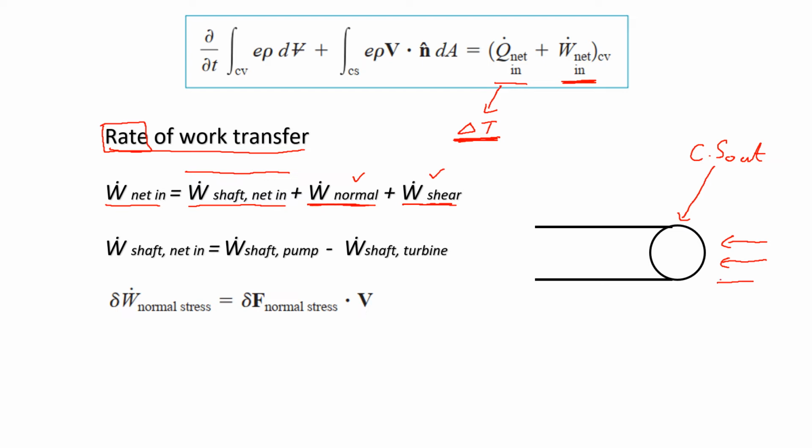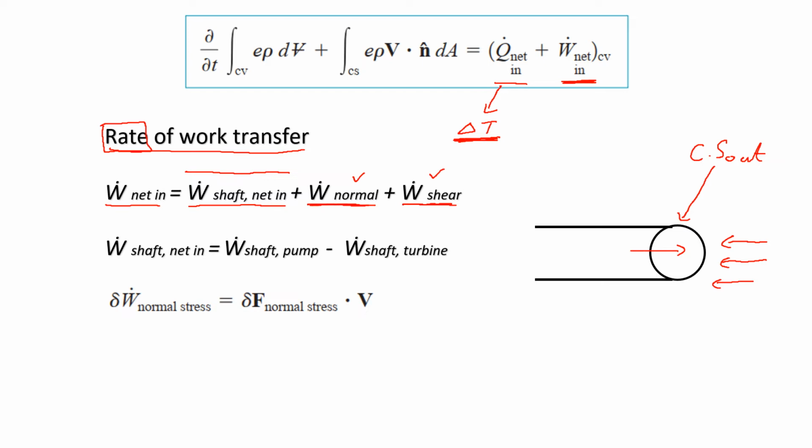This is an outside pressure. An outside pressure will be exerted on this control surface. So in reaction to that pressure, an internal stress will be generated.